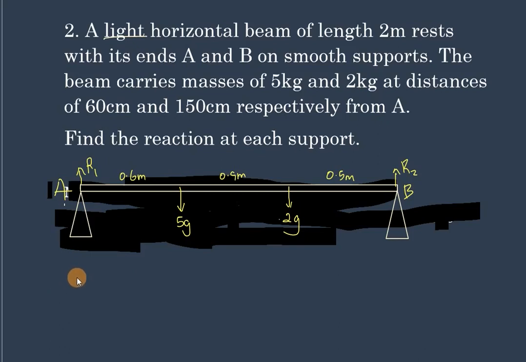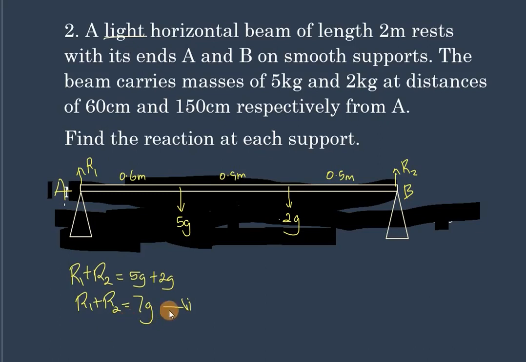So the sum of the upward forces should give the sum of the downward forces. We have that R1 plus R2 is equal to 5G plus 2G, implying that R1 plus R2 is equal to 7G. You can call that equation number 1.